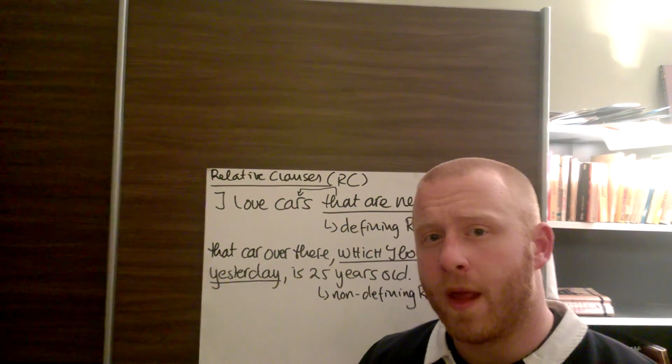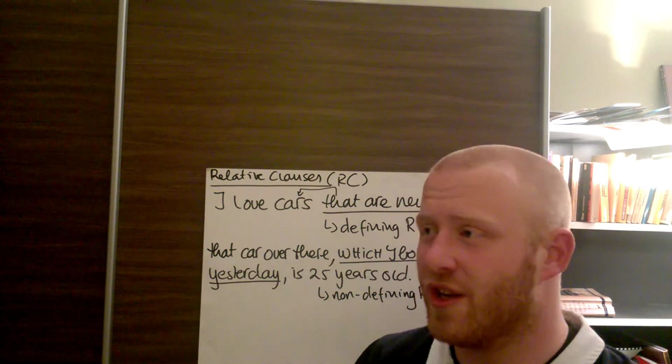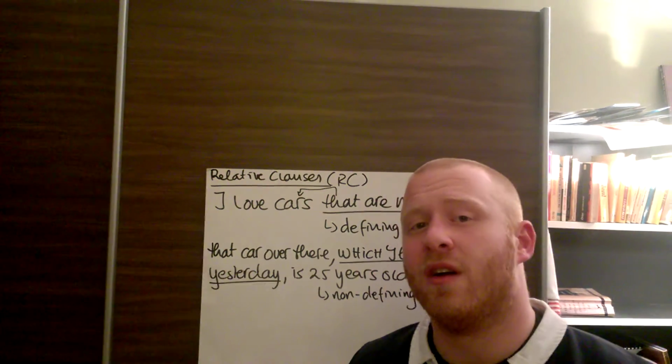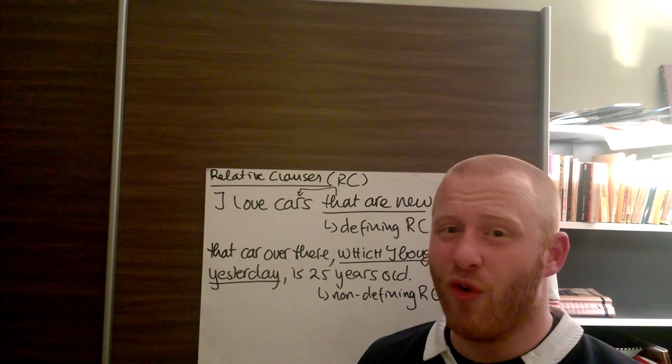Therefore, most of the times, and of course there are exceptions because this is the English language, let's make that clear, there will not be a comma in front of the word that when you are using it as a relative clause. So try to avoid doing so.